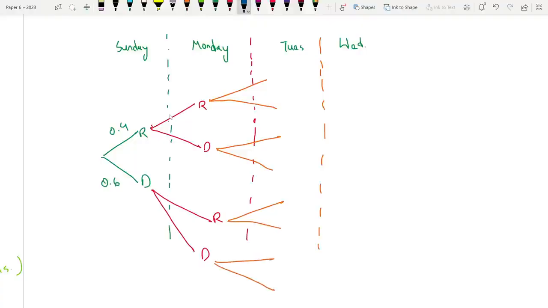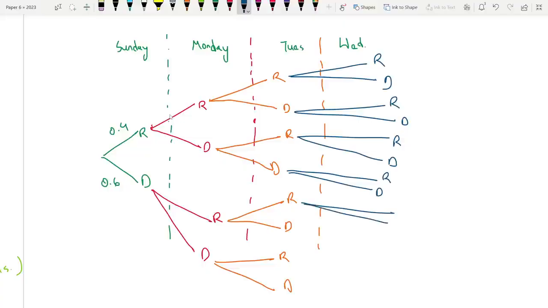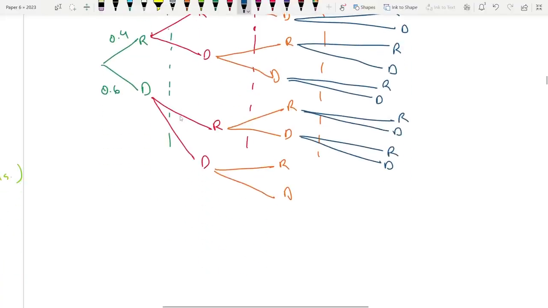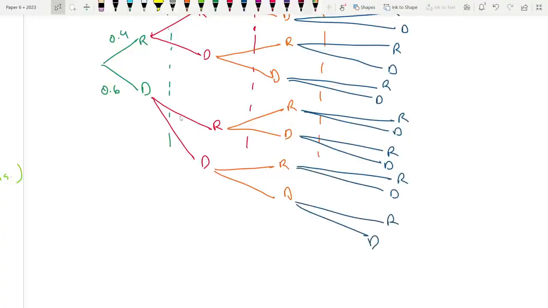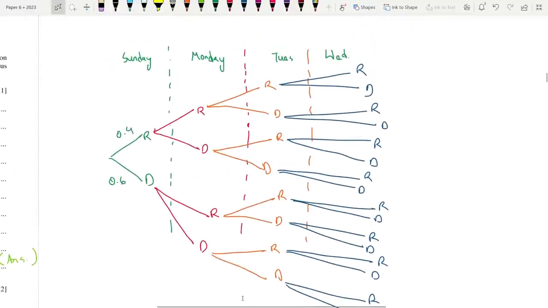And finally the last one has eight branches, each rain and does not rain. Okay, so this is the whole diagram.